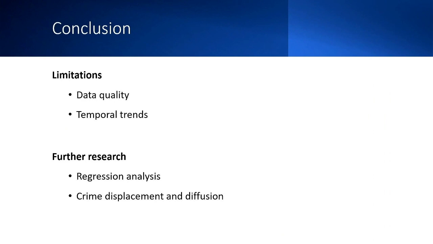In conclusion, the emerging crime hotspot tool that I developed provides a valuable tool for understanding and addressing evolving crime patterns. Tools such as this can help with prioritising resources effectively. It is also important to acknowledge the limitations of this kind of analysis. Two key limitations are data quality and temporal trends.